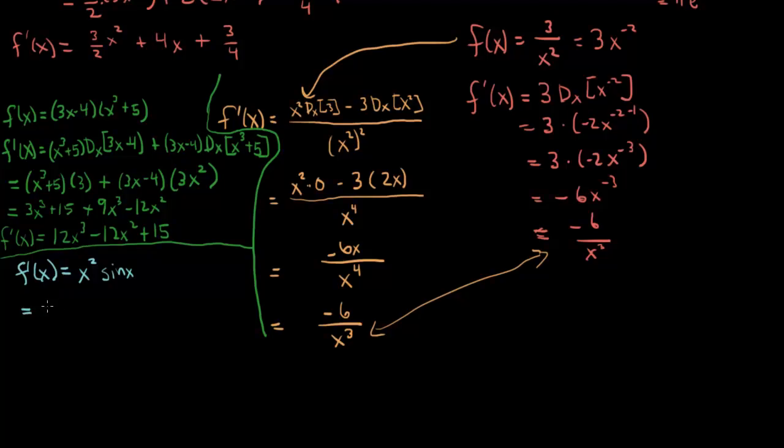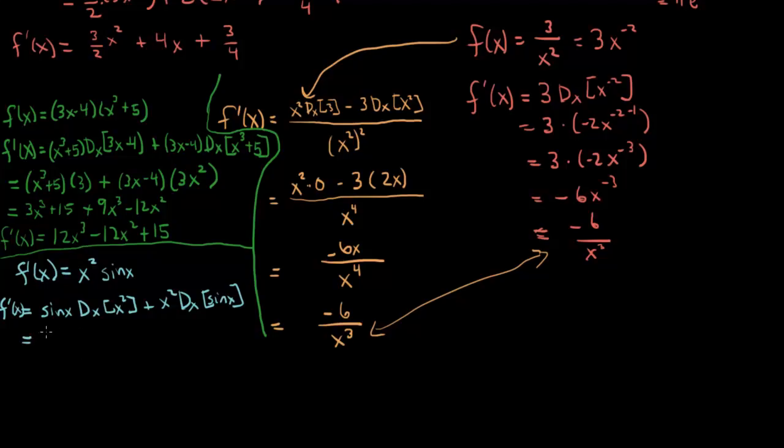It's the second function, so sine x times the derivative of the first, plus the first function times the derivative of the second function. Okay? F prime of x. Sorry, I shouldn't have had that equal sign there even to start with. Sorry about that mistake a few minutes ago. F prime of x. Okay.